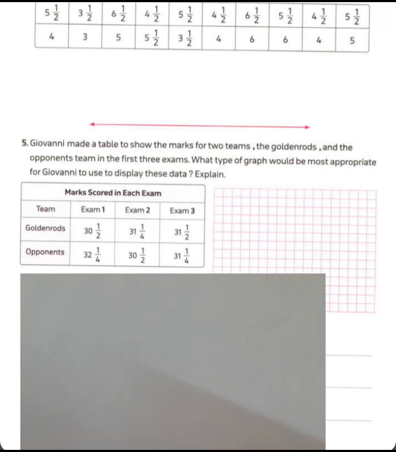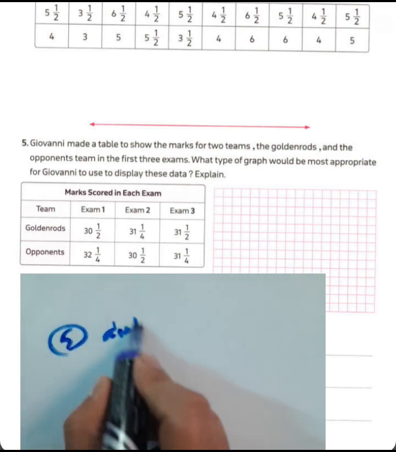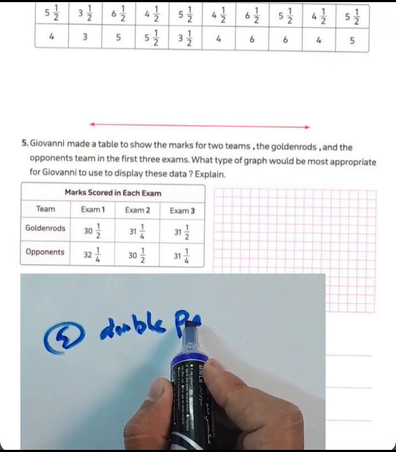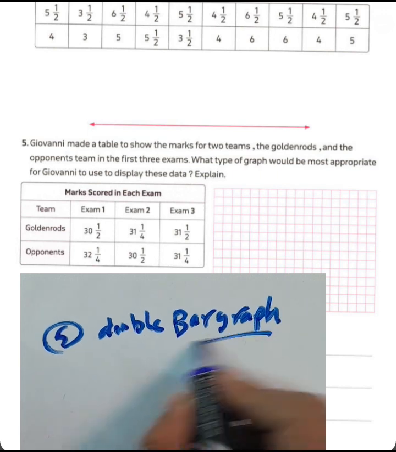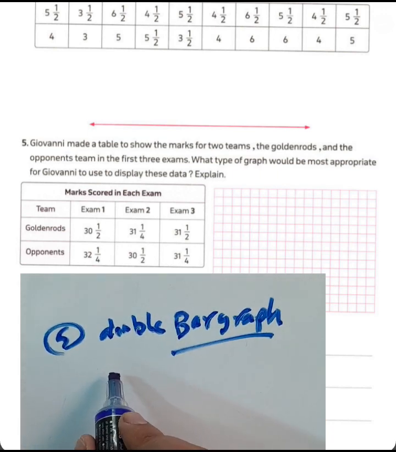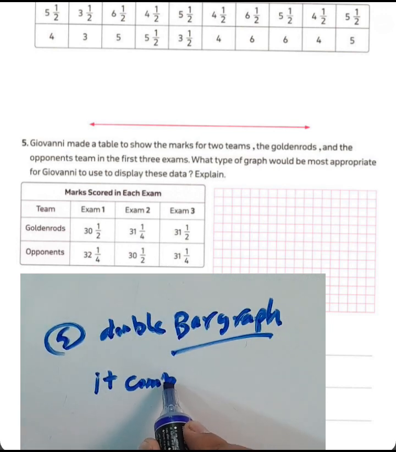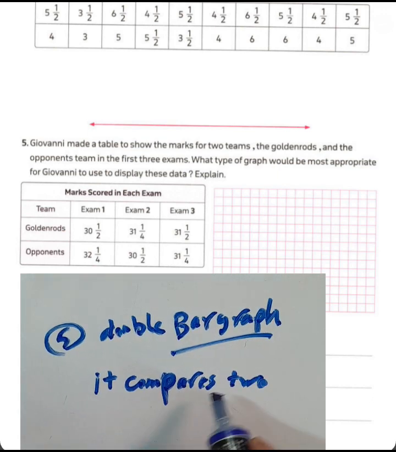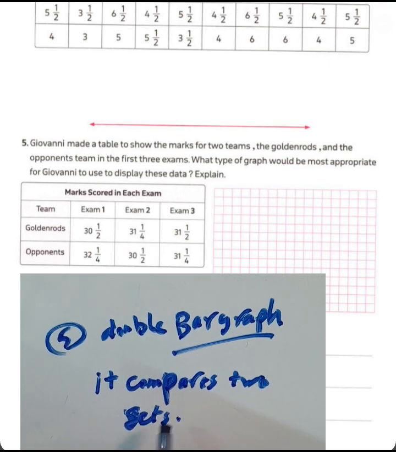Okay, question number 5. We will use the what? Double bar graph. Why? Because it compares two related sets of data.